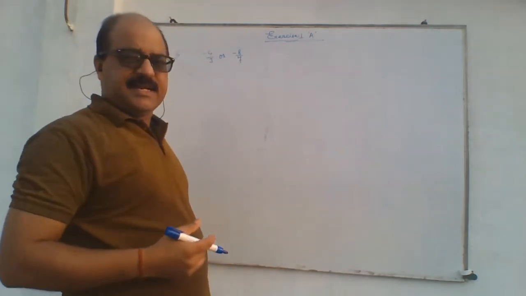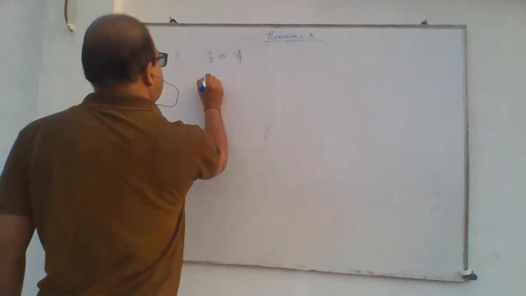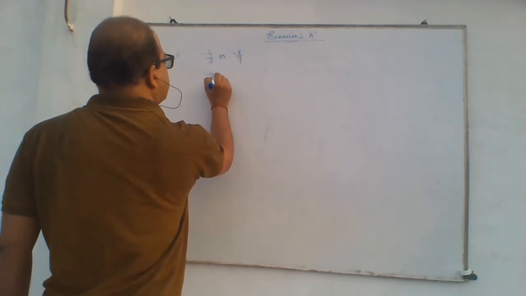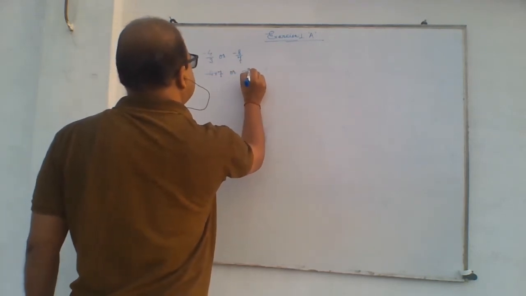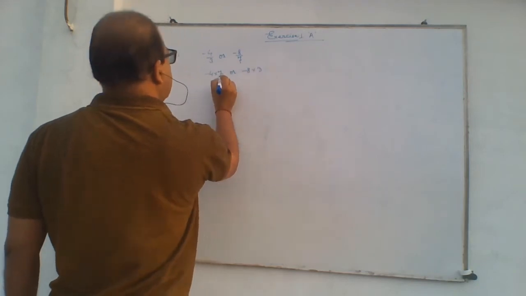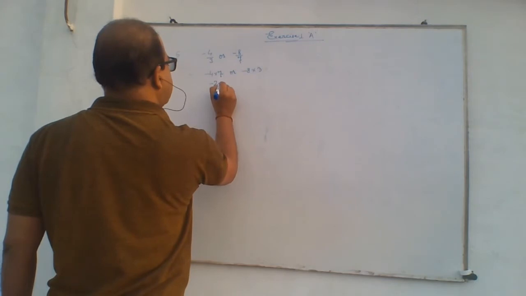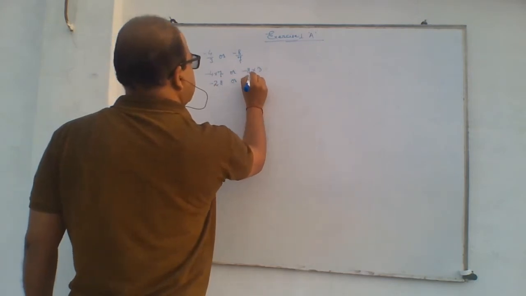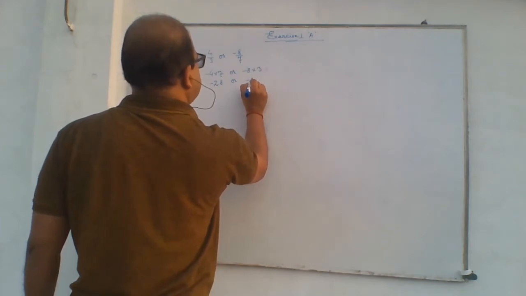Which one is greater? As we know, we compare by cross multiplying: minus 4 into 7 or minus 8 into 3. 7 fours are 28, so minus 28 or minus 24.